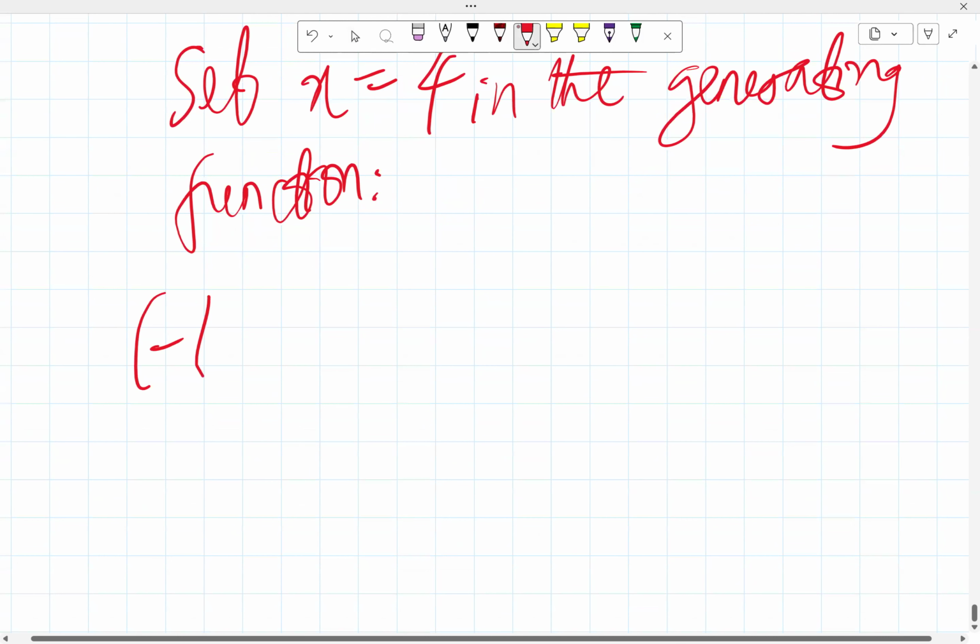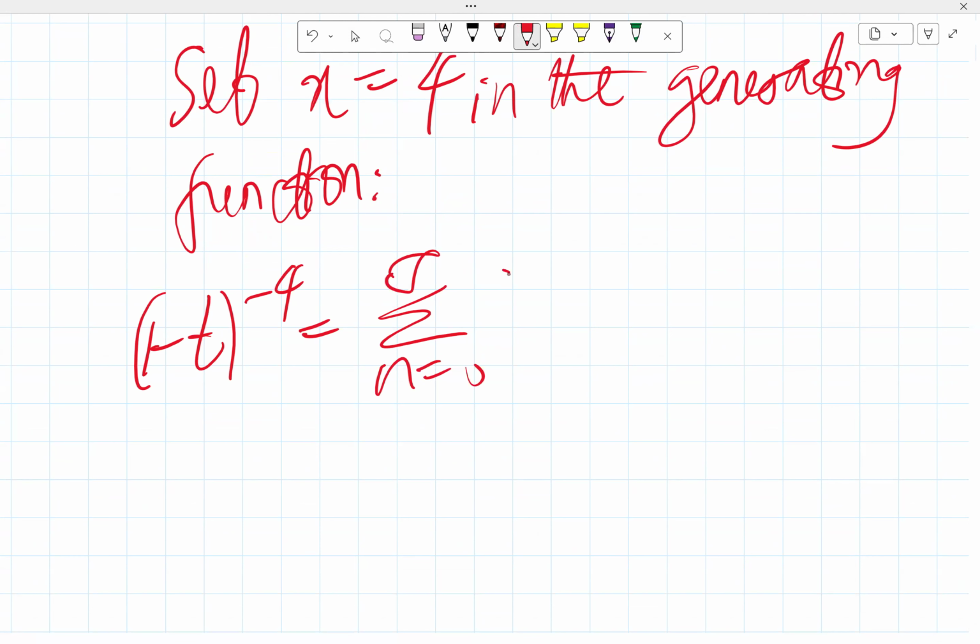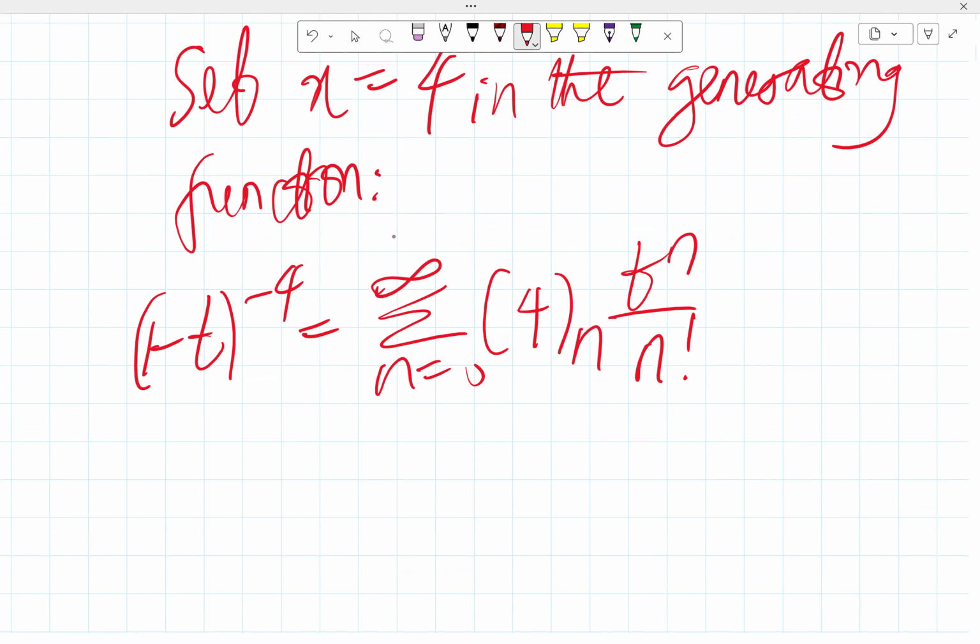So we have 1 minus t raised to minus 4 to be summation from n equals 0 to infinity of 4 sub n t raised to n over n factorial.